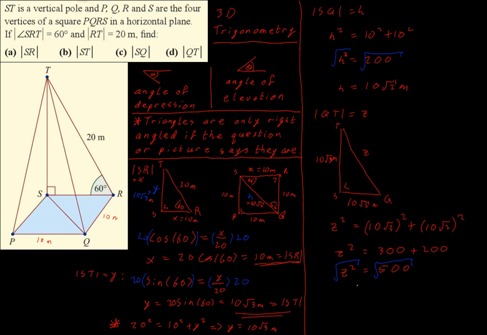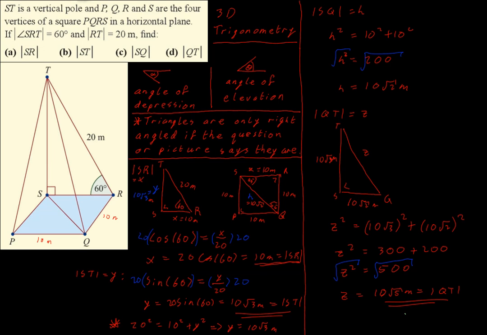Ordinarily, we'd have to worry about plus or minus when we take a square root, but we don't here because we are dealing with a length which is only ever going to be positive for this type of question. And we remember that we are dealing in meters, so that is our QT that we were asked for. And that is our job done.